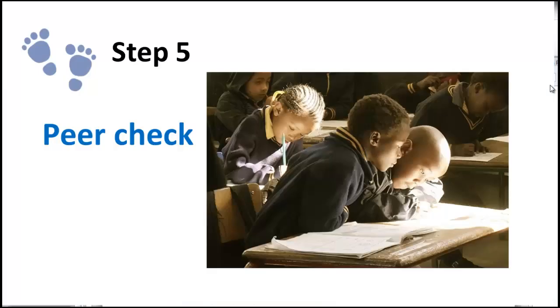Now, they've done the task, so the next important step is to get them to check their answers with a peer. Don't forget to do this. It's another common trainee mistake to go straight to class feedback, but peer checking is really important and there's a few reasons for that. The first thing is that it helps to build learners' confidence.